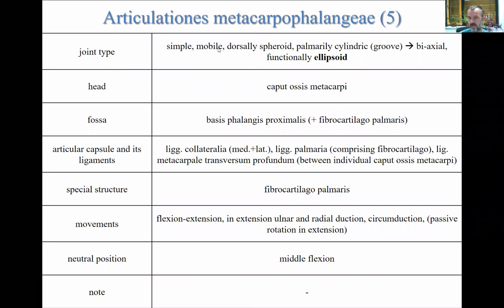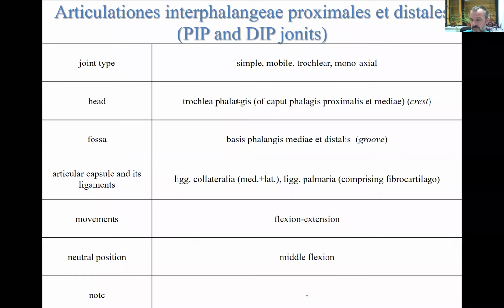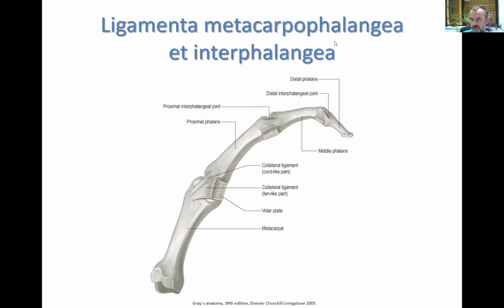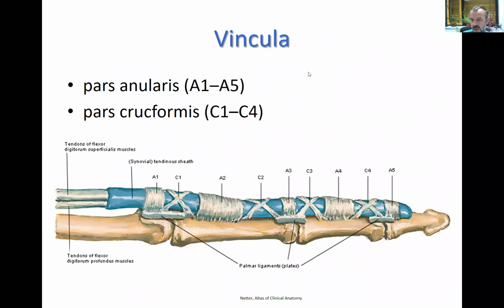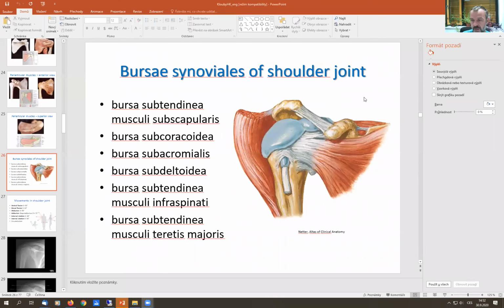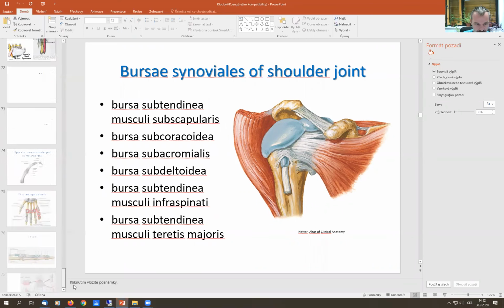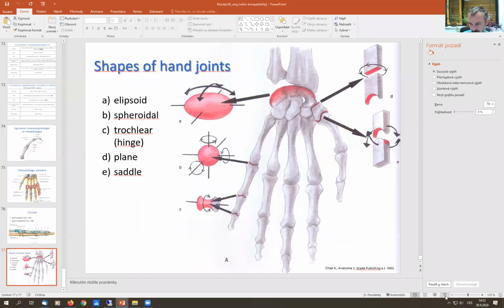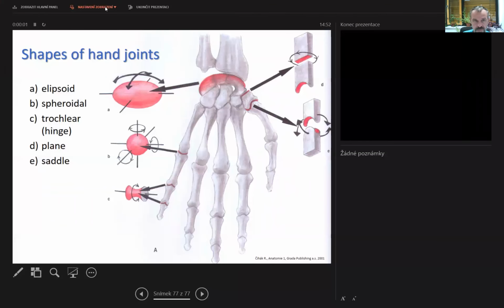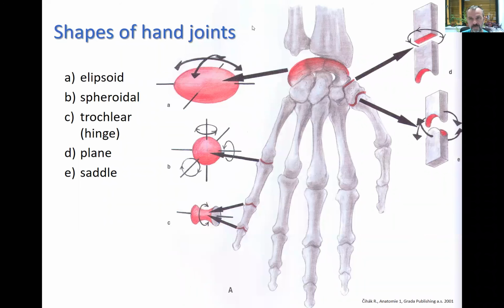which is again a simple mobile joint, but quite specific as for the shape. You may remember what is the shape. I'll skip it, I'm sorry, but we can see it here in this figure. Here, this shape is quite specific.